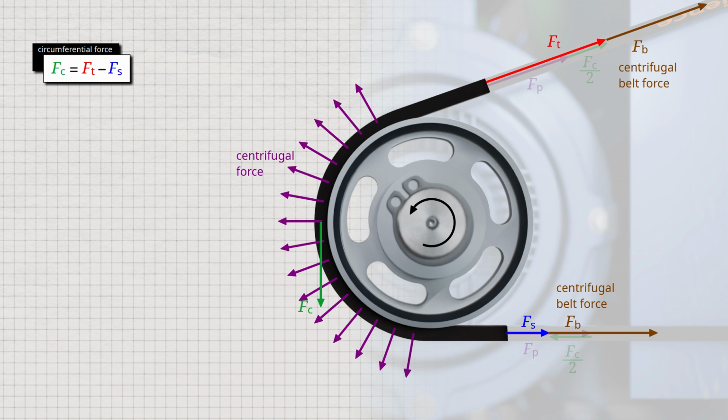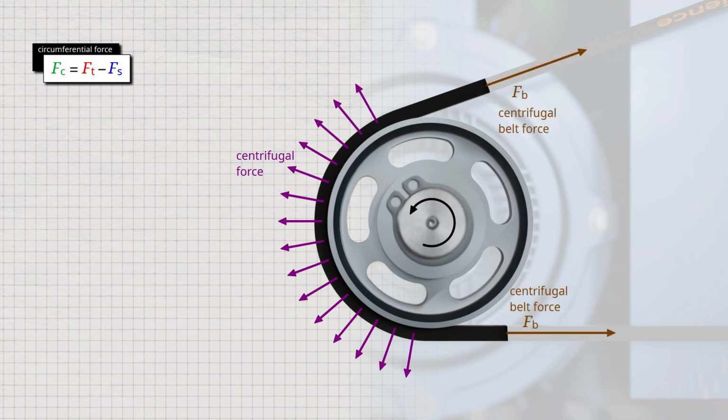In order to derive the centrifugal belt force, it is sufficient to consider the unloaded state, when the belt is rotating without transmitting any circumferential force, because according to the derived formula for the circumferential force, the centrifugal forces have no influence on the circumferential force, and vice versa, the circumferential force has no influence on the centrifugal forces.